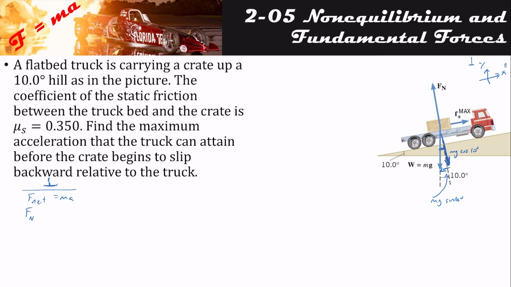I have normal force up, and then the perpendicular component of the weight down. But we're not accelerating in the y. We're accelerating parallel to the slope. We're not flying up off the slope or digging a hole through the slope. So my normal force is going to be mg cosine 10.